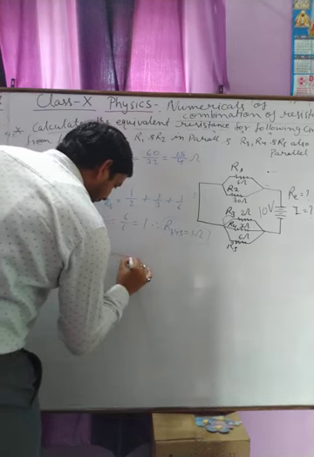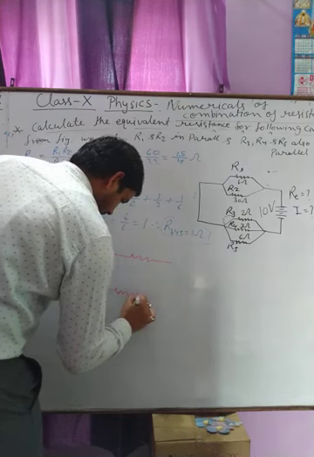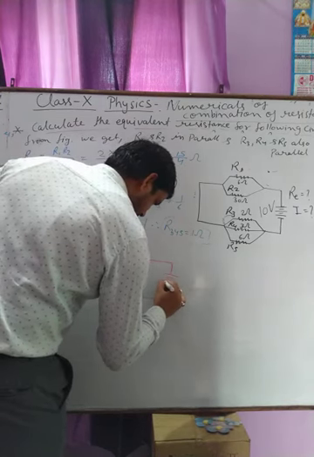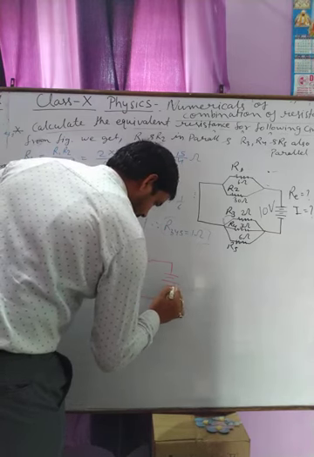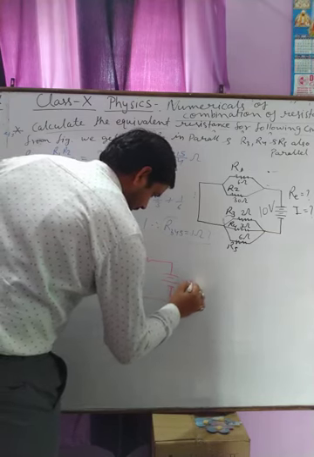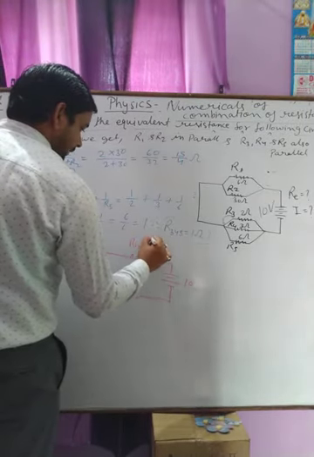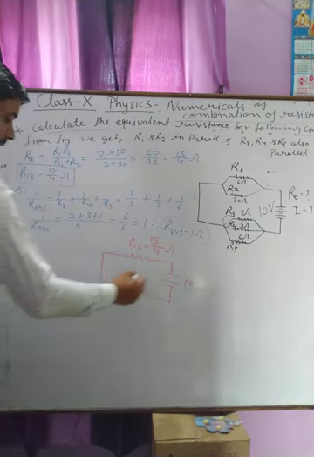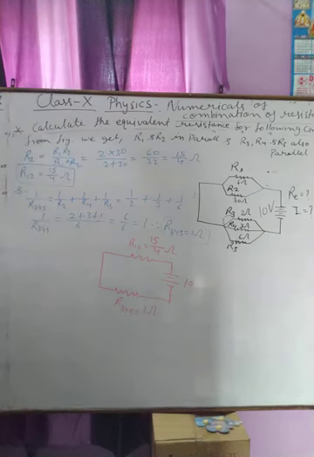Now the circuit is simplified as this. This is R12 which we calculated here, 15 by 4 ohm, and this is R345 which is calculated as 1 ohm. Okay, now we solve this.